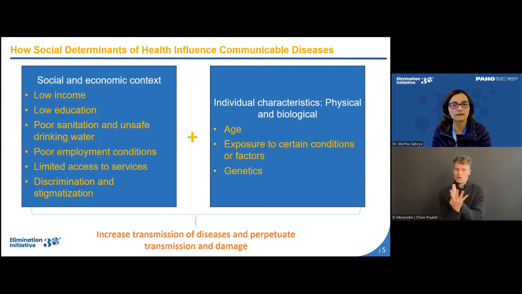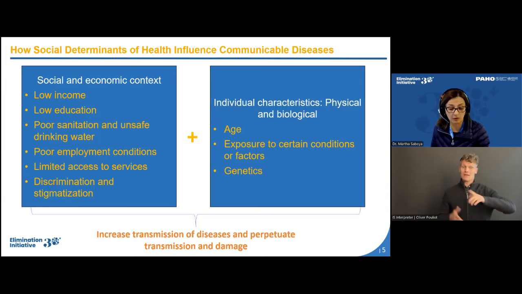The third one is addressing social and environmental determinants of health. That is key for us because, as Dr. Ekmans mentioned, if we don't include the approach of those social and environmental determinants, it is going to be harder to achieve the elimination goals in the entire region.